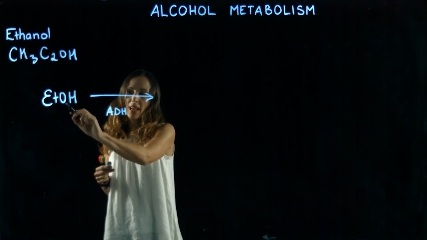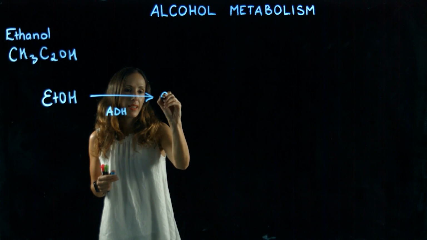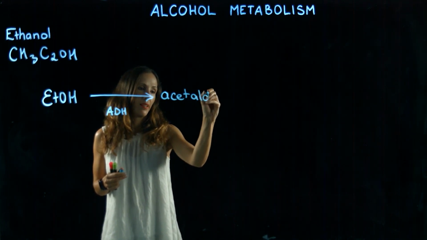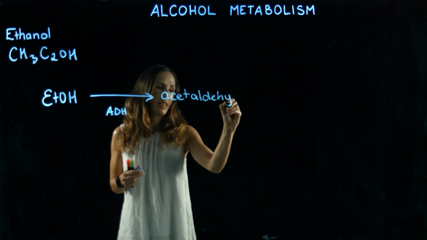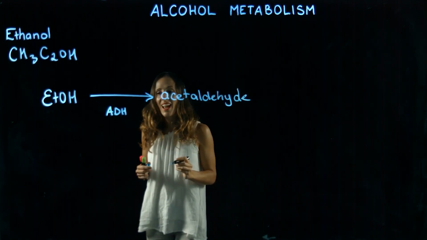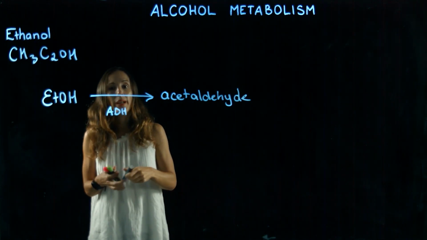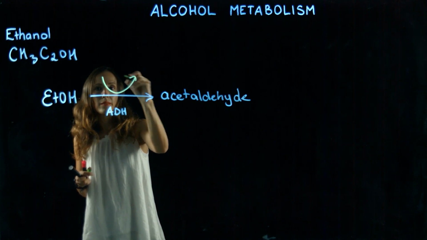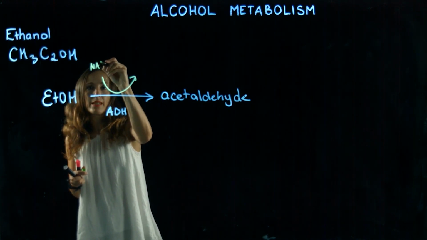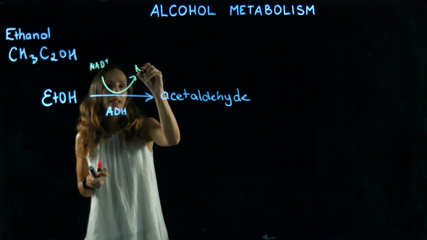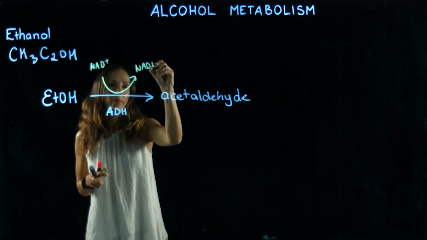Here we have our ethanol, and our product is acetaldehyde. And along the way, we are adding electrons to NAD+. This is a cofactor you've probably heard of before, to give us NADH.